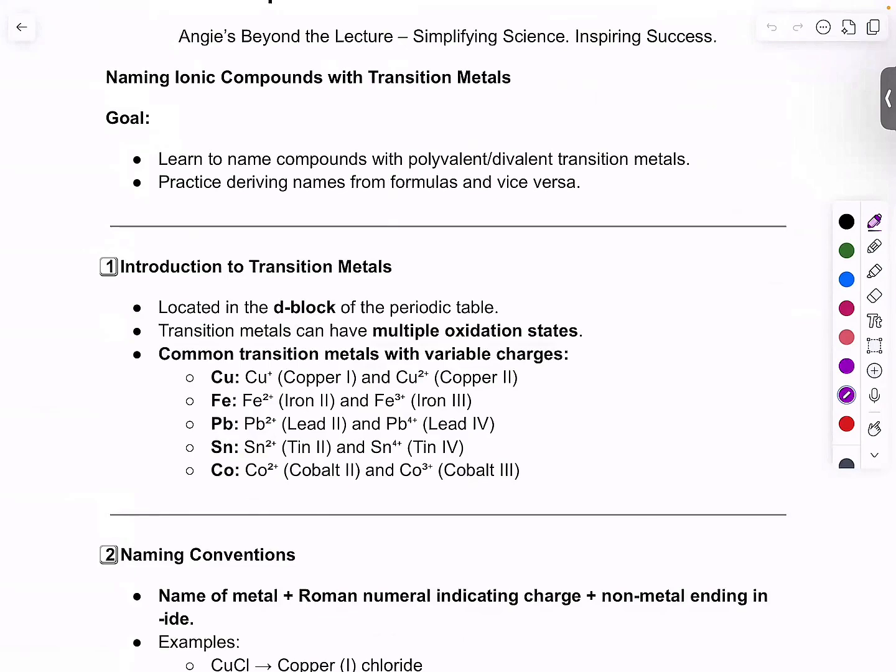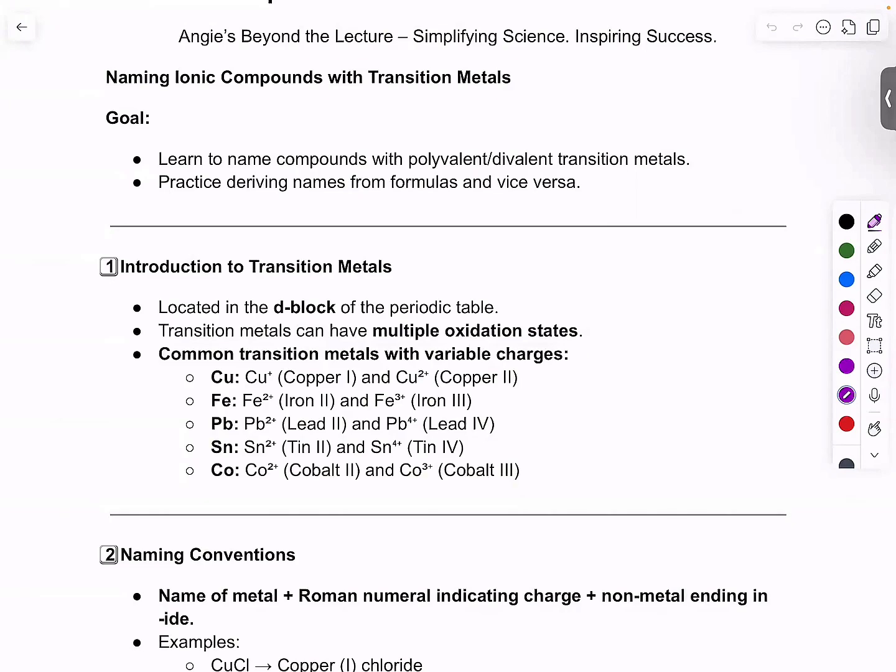So we have copper 1 or copper 2. The Roman numeral simply designates the charge that it carries. So in copper we can lose 1 electron to have a positive 1 charge, or we can lose 2 electrons to have a positive 2 charge.